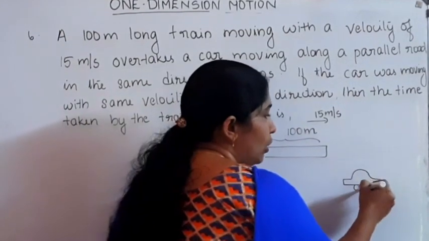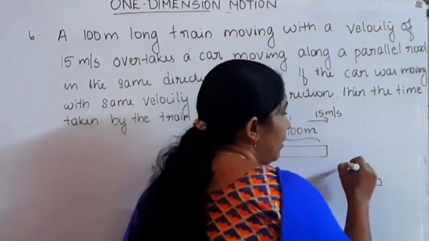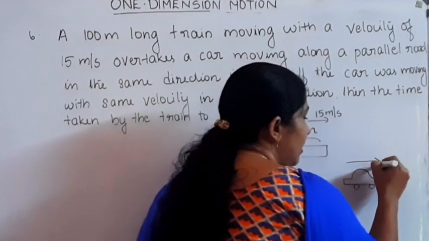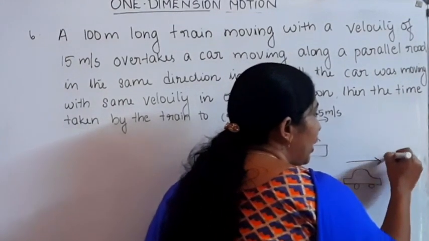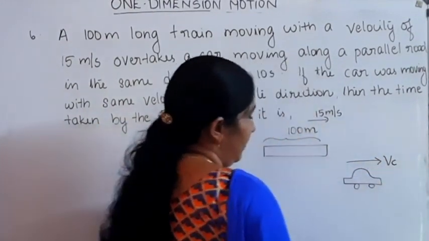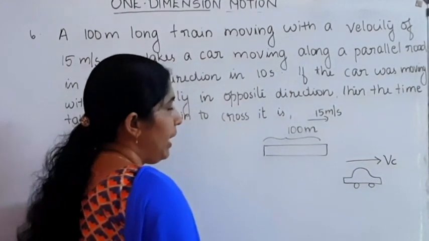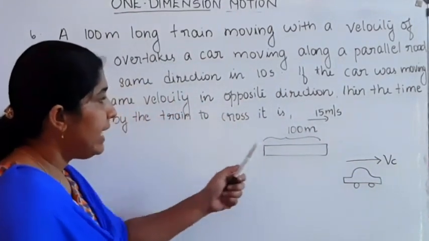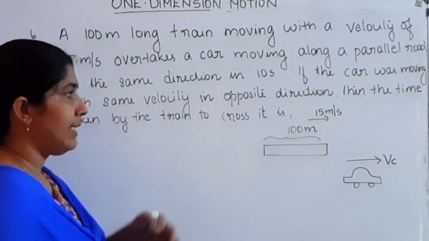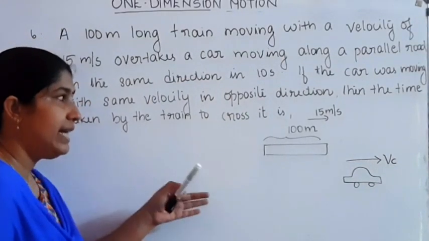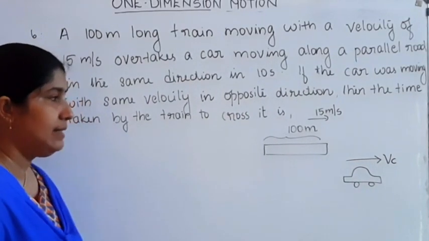The car is moving along the parallel road in the same direction, but we don't know the velocity of the car. The train overtakes the car in 10 seconds.